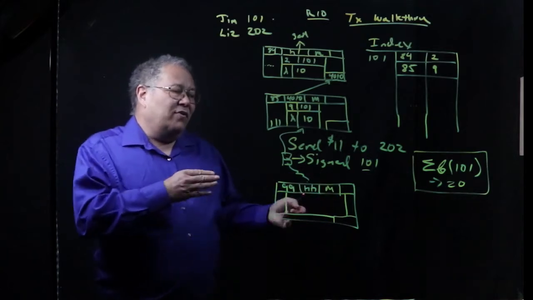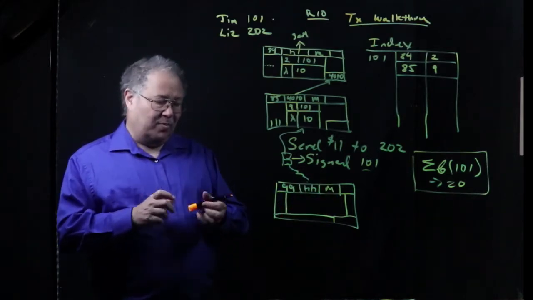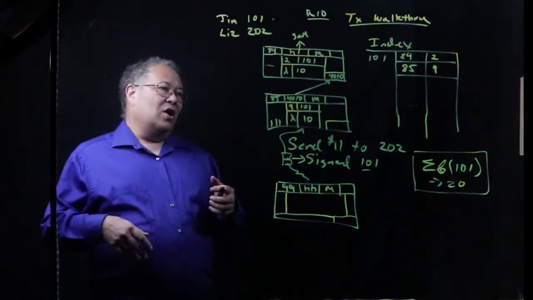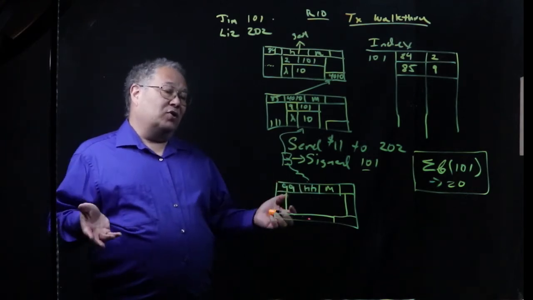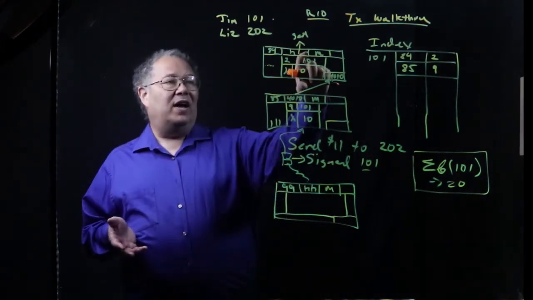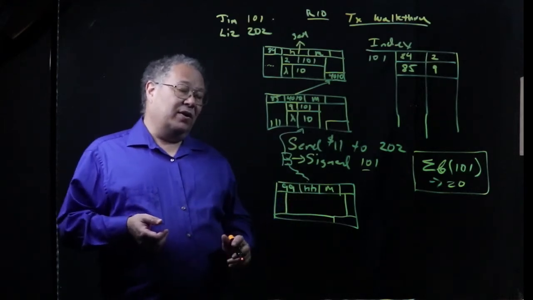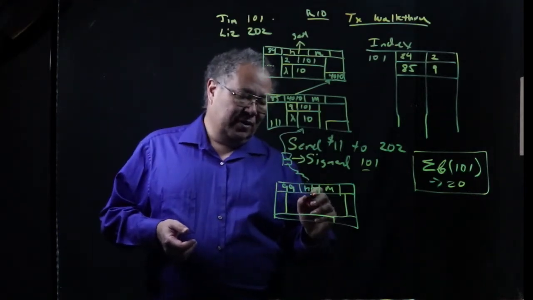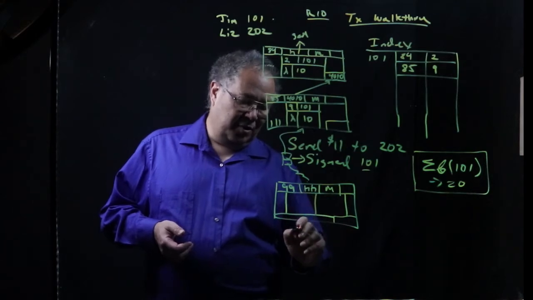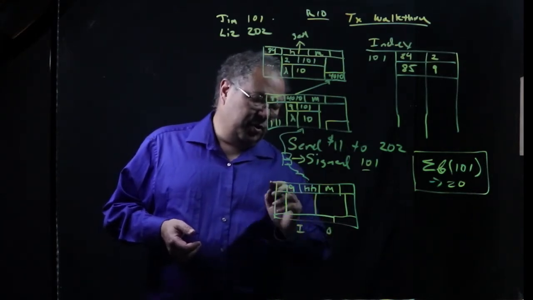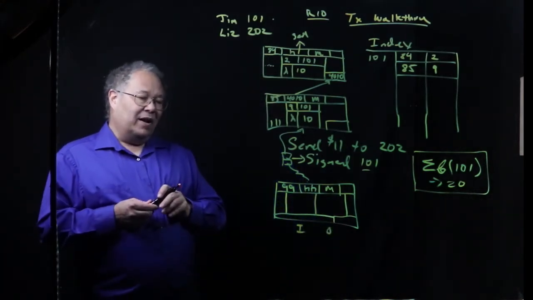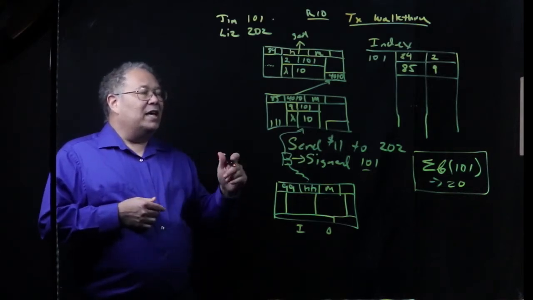Now, if he can send off 11, then the next question is, where are all the inputs to this transaction? Because I've got to find this input and this input so that I can put them in here in the input part. So I'm going to put the input on this side and the output on that side, kind of like the IO and IOHK.